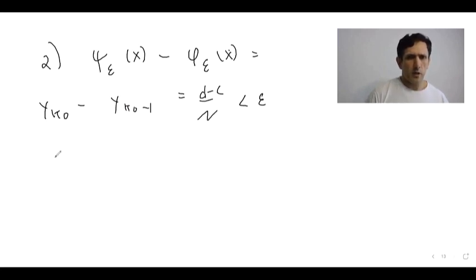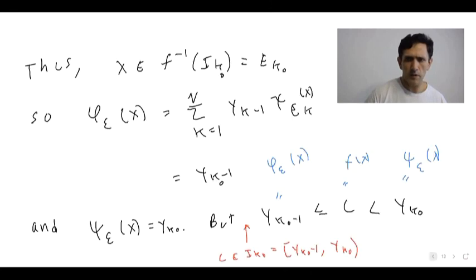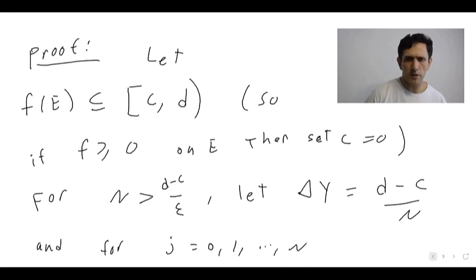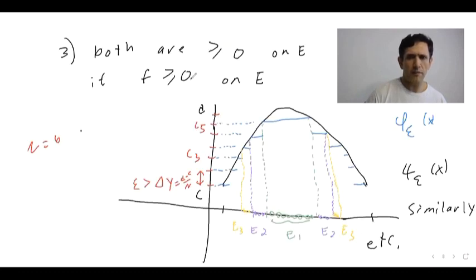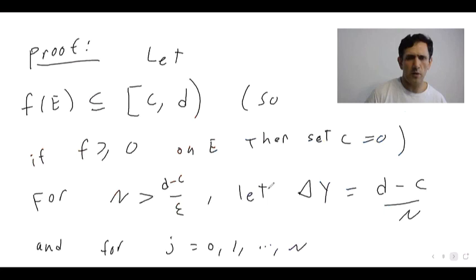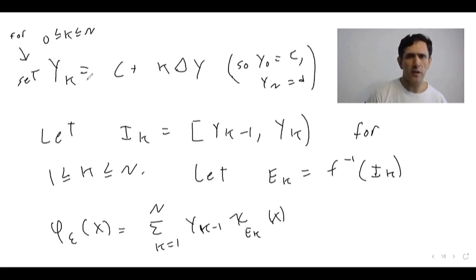All right, so 3, there's really not much to 3. If f is bigger or equal to 0, then c we set to be equal to 0. So all the yk's are bigger or equal to 0.